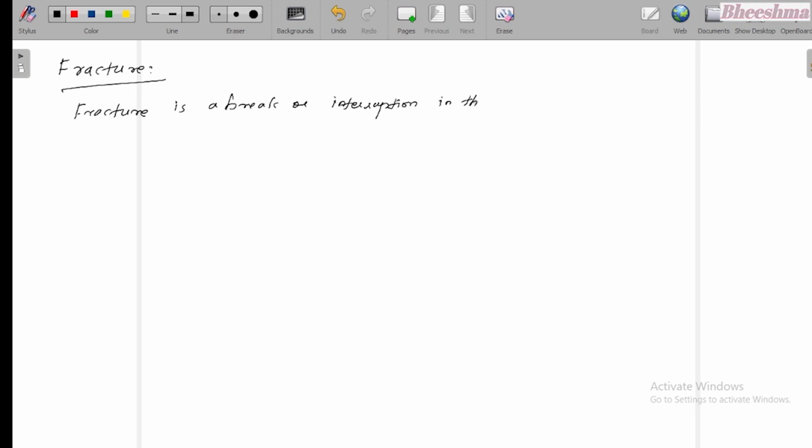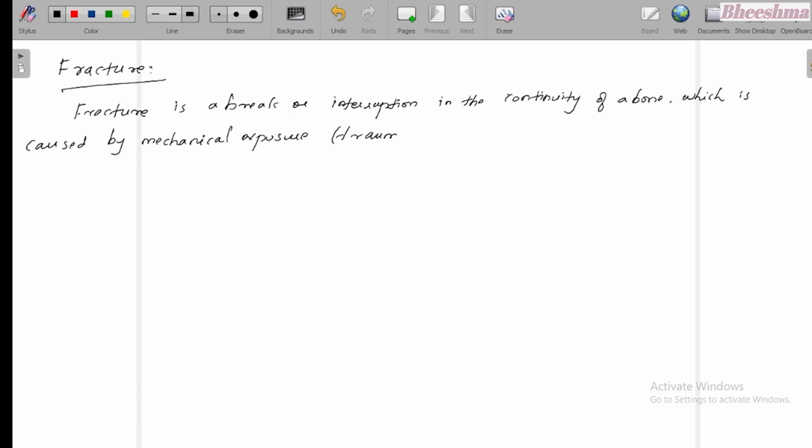Interruption in the continuity of the bone, which is caused by mechanical exposure, trauma, or pathology, tumor or inflammation.